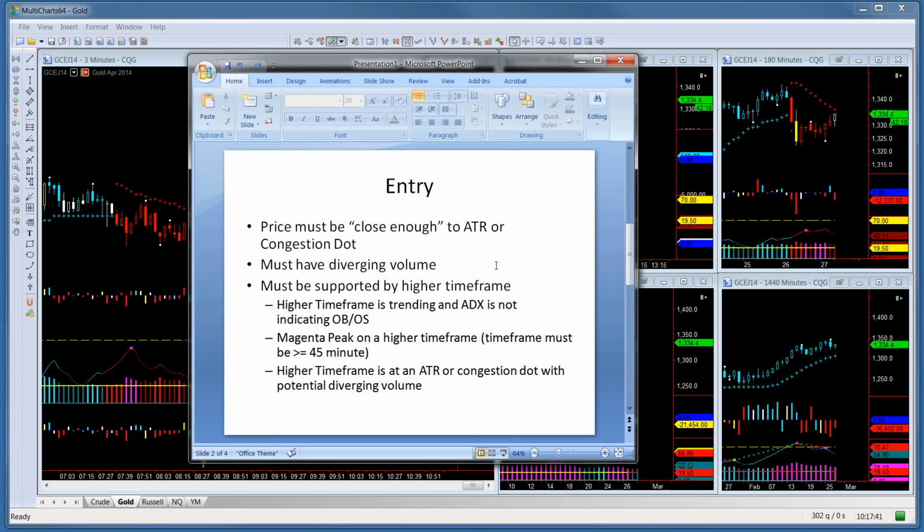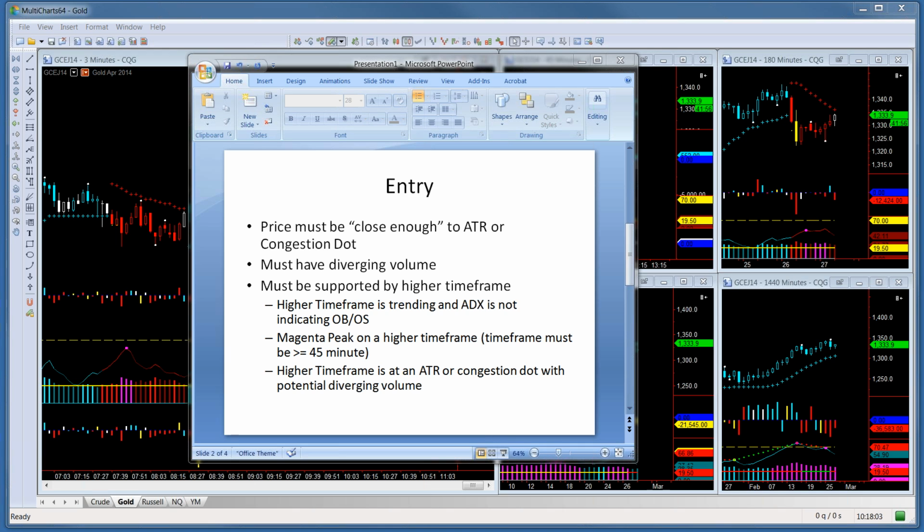A magenta peak on a higher time frame, meaning that the time frame must be greater than 45 minutes. I don't do this on 3 and 12-minute charts. A higher time frame could be at an ATR or at a congestion dot with potential diverging volume. We had that yesterday.